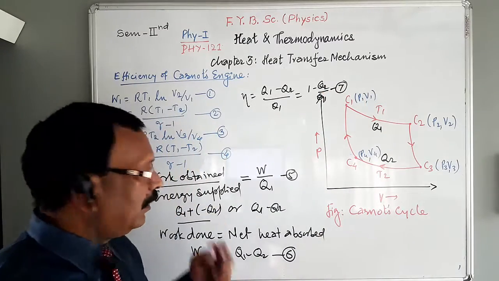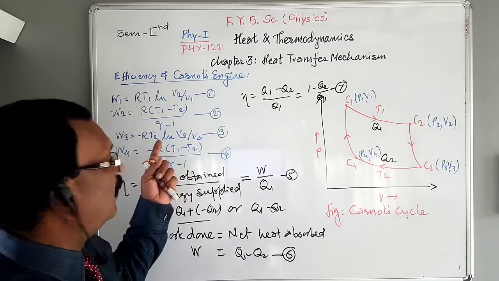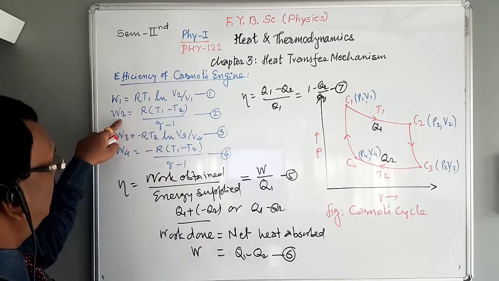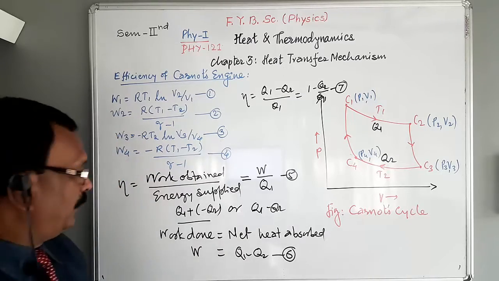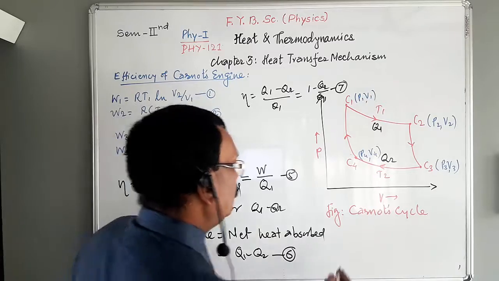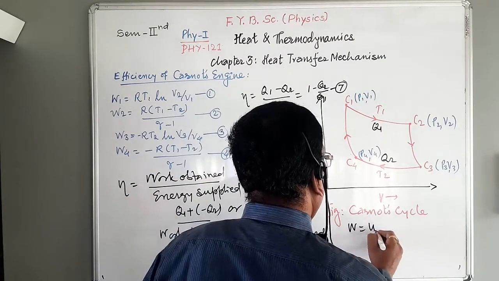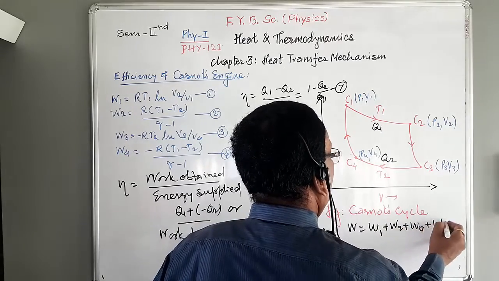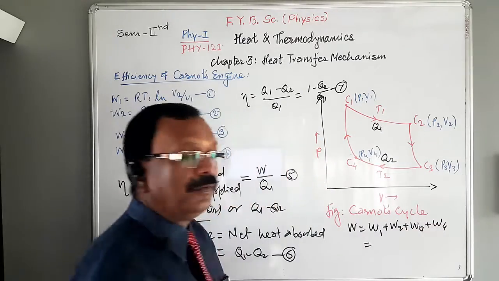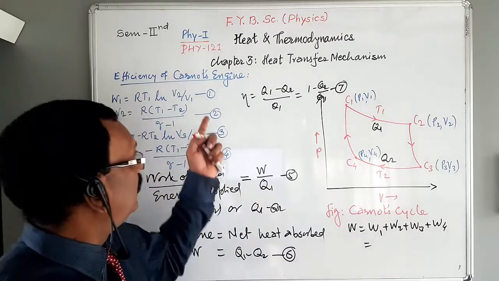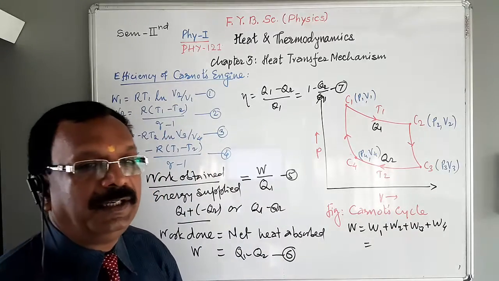Okay. Now, what is the total work done? Total work done is nothing but W is equal to W1 plus W2 plus W3 plus W4. Substitute the value of W1, W2, W3 and W4 from equations 1, 2, 3 and 4 respectively.